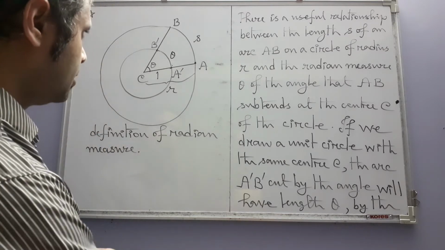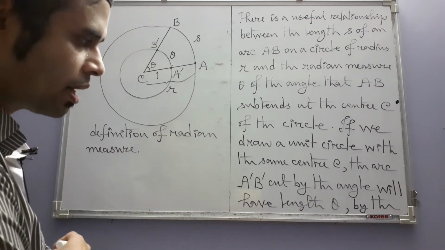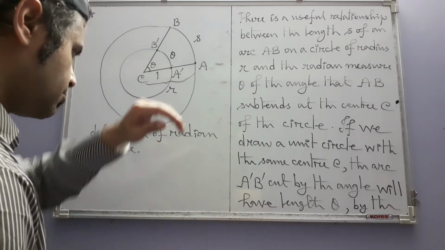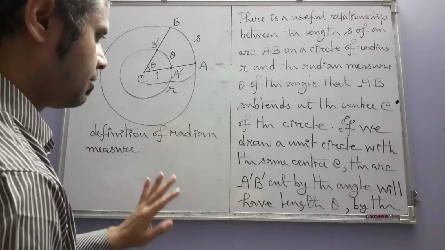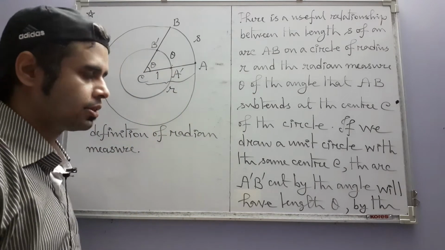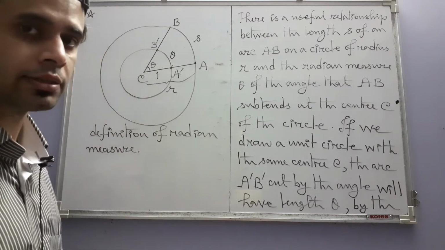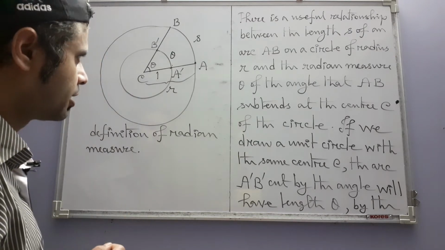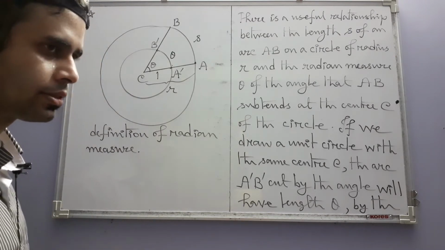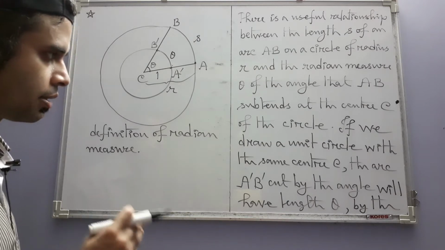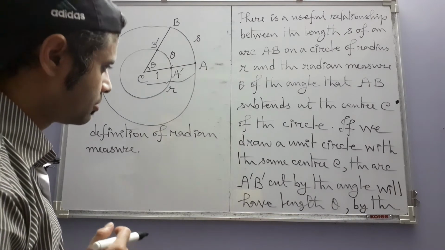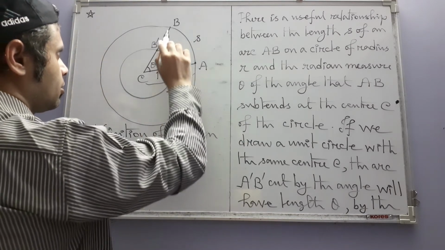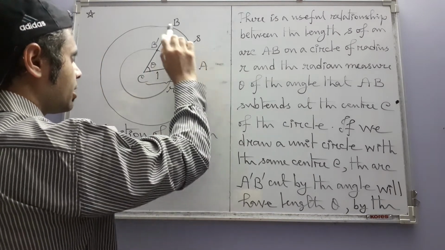Now, just like we have the notion of similar triangles, whose angles can be put in a one-to-one correspondence so that corresponding angles are equal, and similar triangles have the property that the corresponding sides are in the same ratio, there is a notion of similar circular sectors.